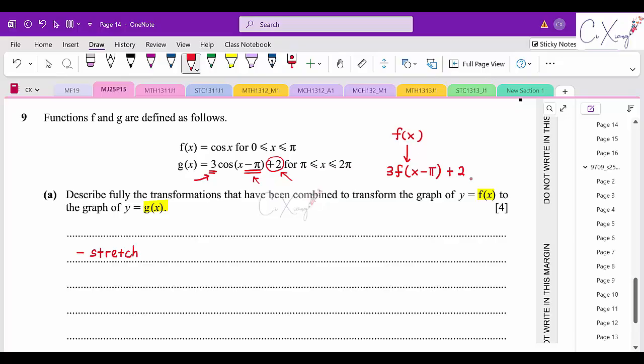So stretch, you have to mention in what direction. So in y direction. Then what is the factor that you stretch it? So you have to make sure that you write out the stretch factor. So with a stretch factor of 3, because you multiply with 3.